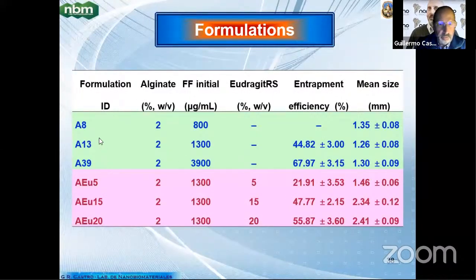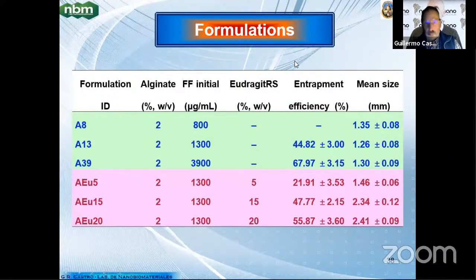So this is a complex structure. We keep alginate at 2%, and we add different concentrations of Eudragit. As you can see, addition of different concentrations enhances the loading of the florfenicol. But there is also an increase of the diameter of the particle.